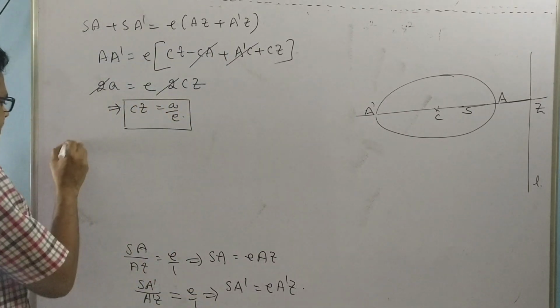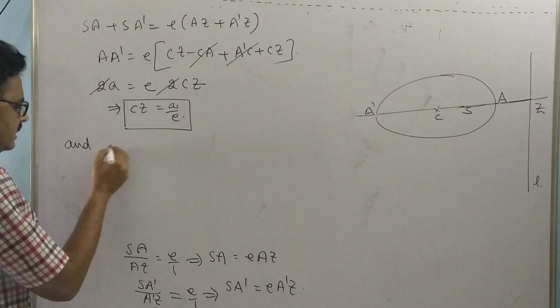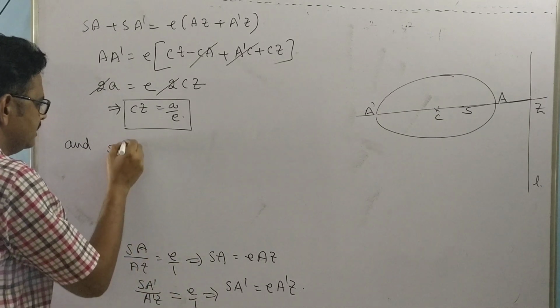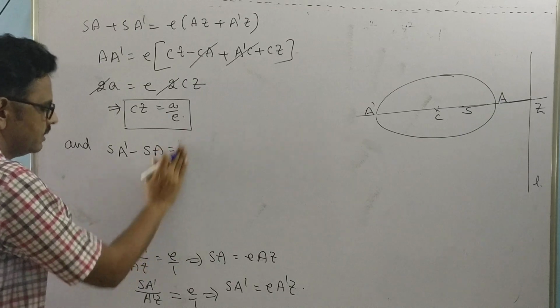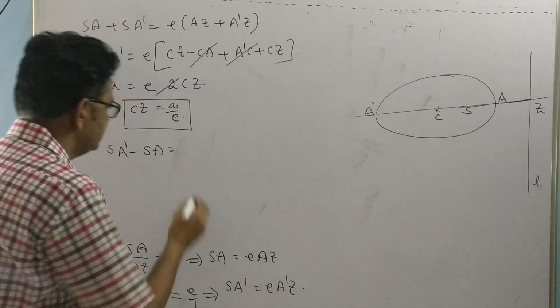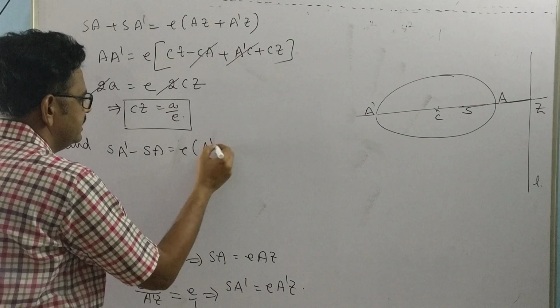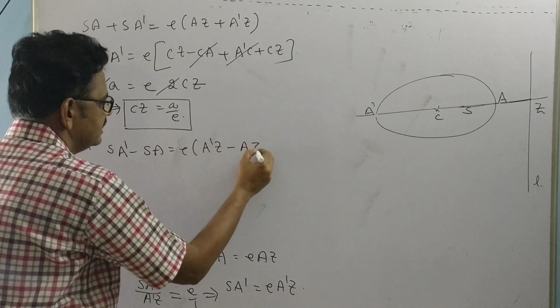And again, consider SA dash minus SA is equal to, taking E common, E into A dash Z minus AZ.